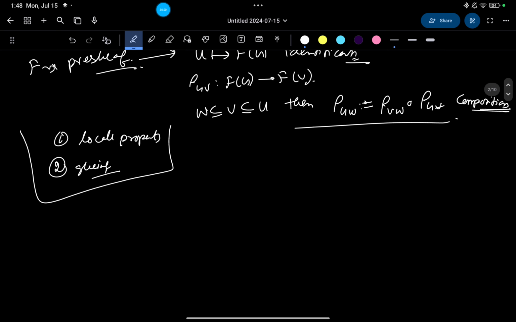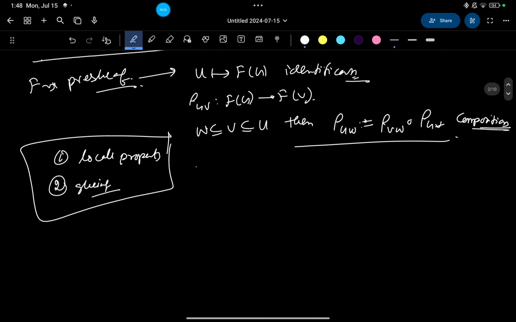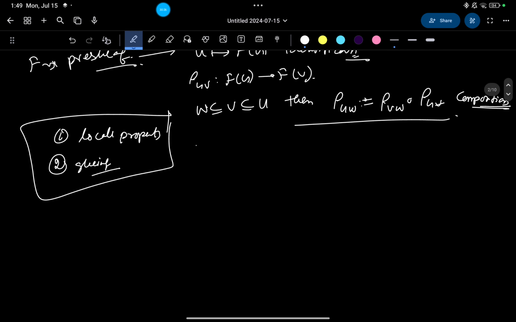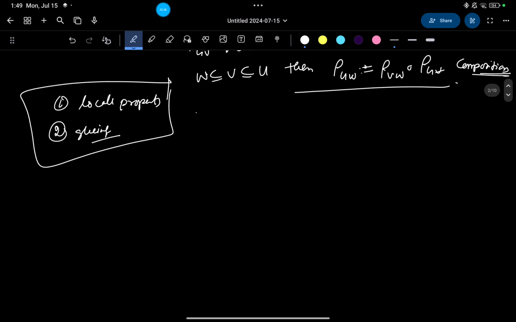Now in order to add these two conditions, I need to do some changes. So there's a proposition.